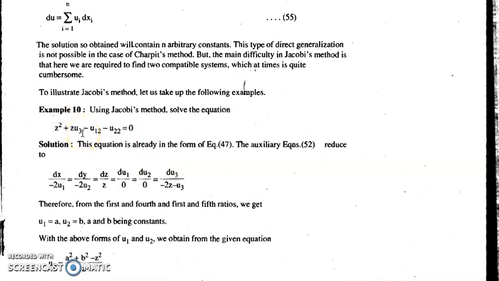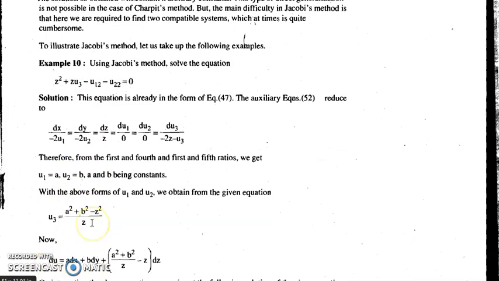So u3 can be obtained as a function not involving any of the derivatives, as a function of x, y and z. For u3 you will get (a² + b² − z²)/z. So we have obtained u1, u2 and u3 from the first equation.